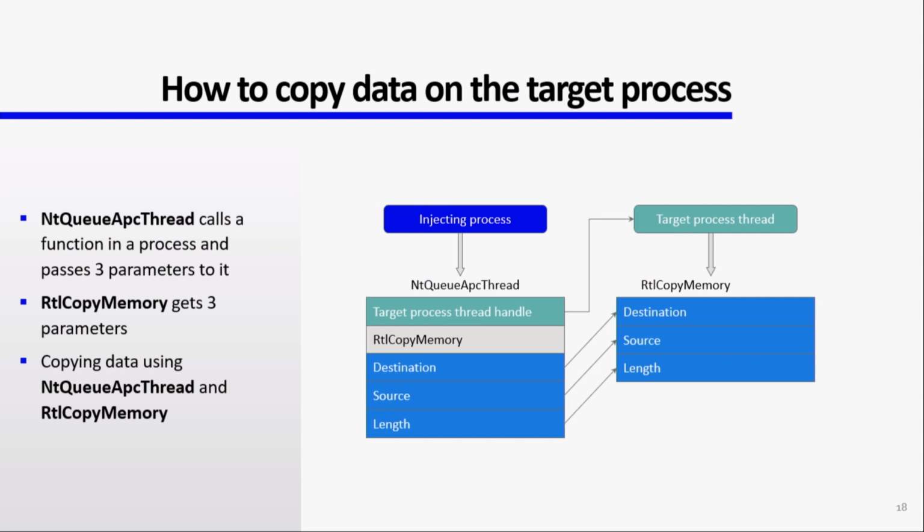Give it destination, source, and length. Then the target process is going to execute RtlCopyMemory. Now the destination is going to be the return address of our dummy stack. The source is going to be the address of RtlExitUserThread in our version of the kernel32 IAT, and the length is going to be 8 bytes, which is the size of a pointer in x64.